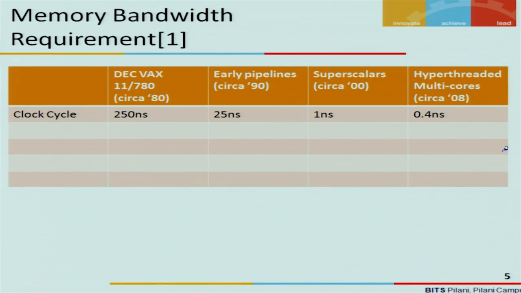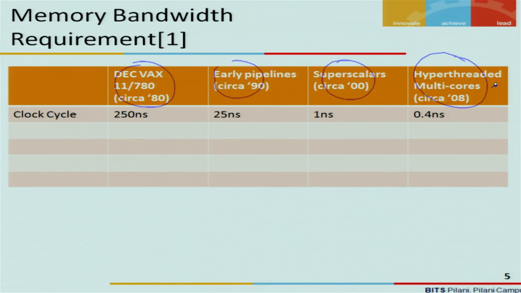Now from this example, we'll try to understand the memory bandwidth requirement for the processor. For this, I took an example of different machines used in the 80s, then the 90s, then 2000 and around 2008. These are different classes of machines in terms of capability: pipeline processors, superscalar pipeline processors, and then hyper-threaded and multi-core processors.